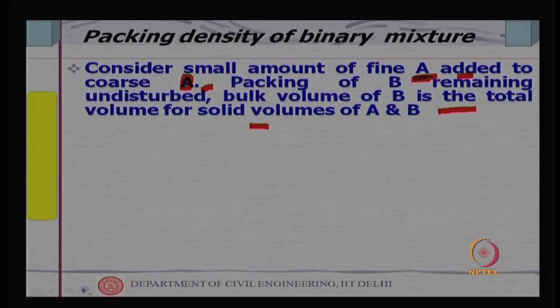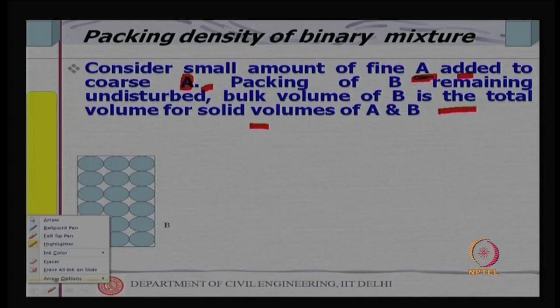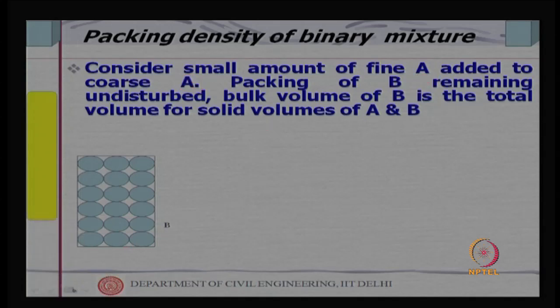Suppose I have all large particles B, and I am adding a small amount of fine particles. They will simply go into the interstices of the coarse particles and occupy these spaces.